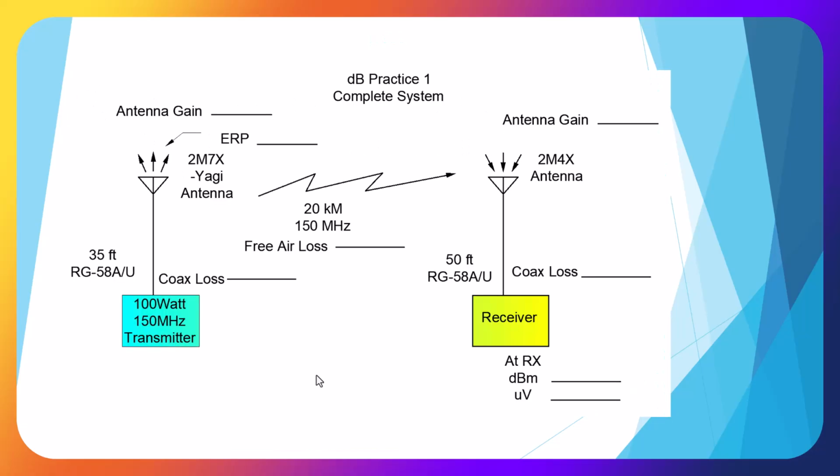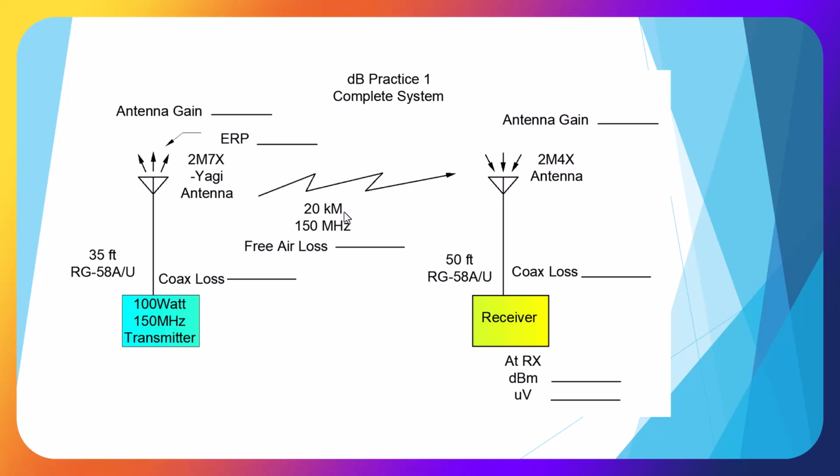Okay, here's our system. We have a 100-watt transmitter, 150 megahertz, 35 feet of RG58 coax, and a 2M7X Yagi antenna.